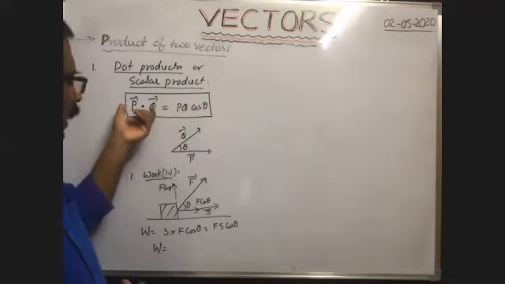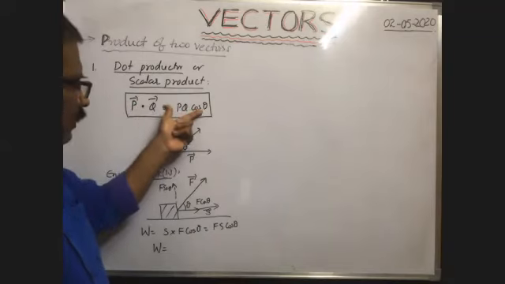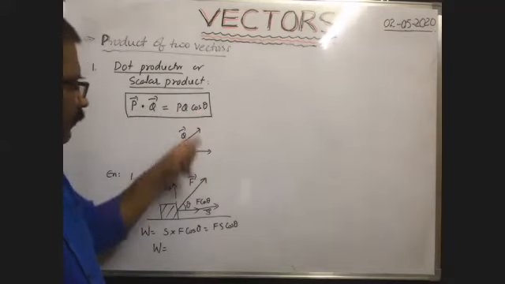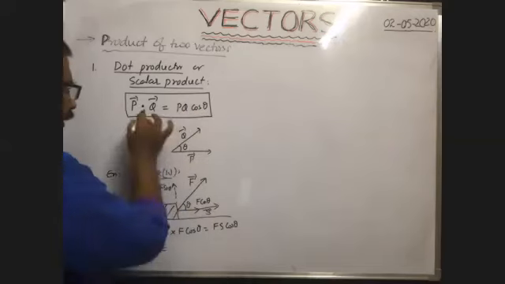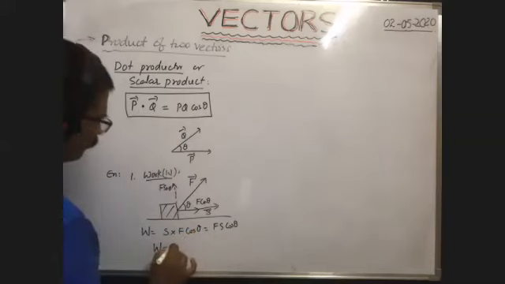So when you do the dot product, this is equal to PQ cos theta. Instead of P, F is there, instead of Q, S is there, and theta is the angle between them. So this can be written like this.